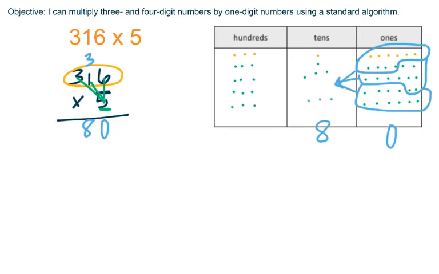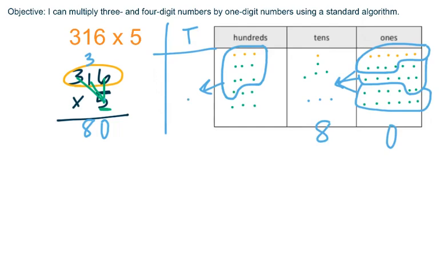Now if I count them, 3, 4, 5, 6, 7, 8, 9, 10, 11, 12, 13, 14, 15. Just like I thought. 3 times 5 is 15. Okay, well I know I can get a group of 10 out. Send over my 10. Gotta make a kind of a makeshift column here, but I know that this is the thousands place. Bring it over to the thousands.